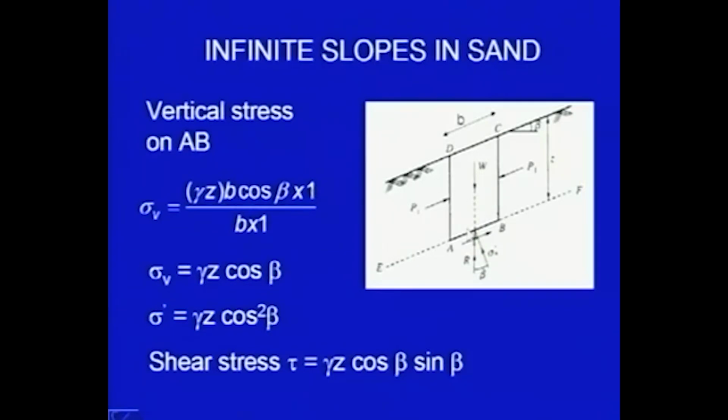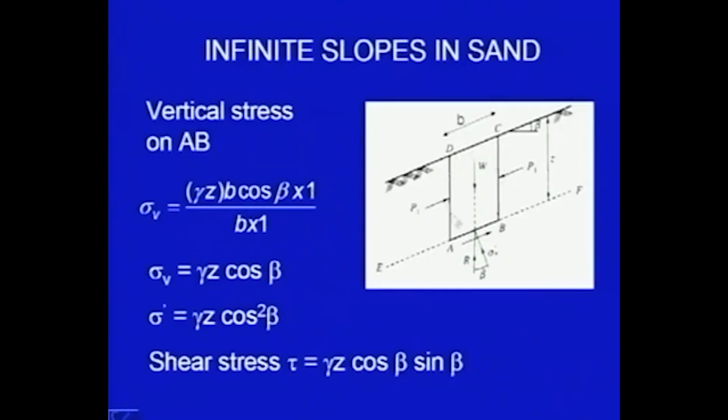I can resolve this vertical stress into two components. One component will be the normal component, which will be acting normal to the plane of the rupture, and the second component will be parallel to the plane of rupture. And if you remember, when I was discussing the basic mechanism of the slope failure, this is what we did.